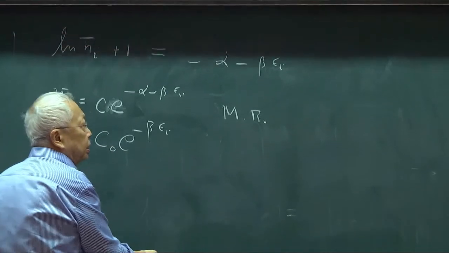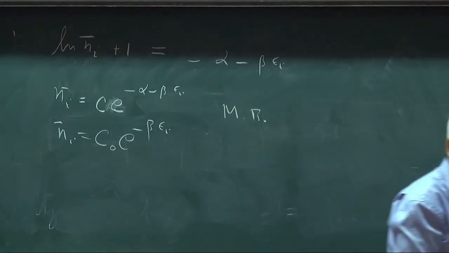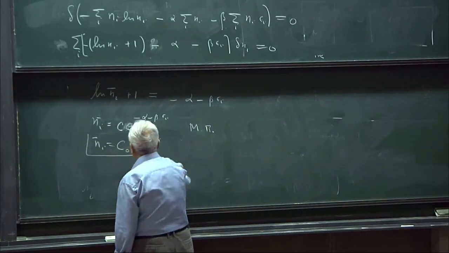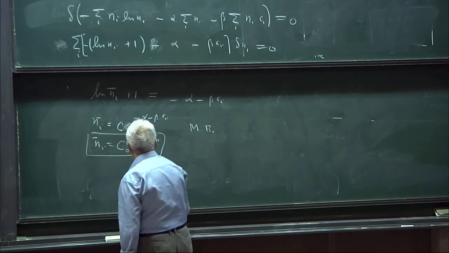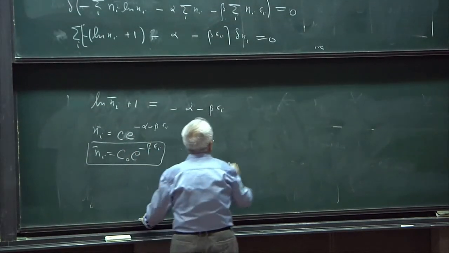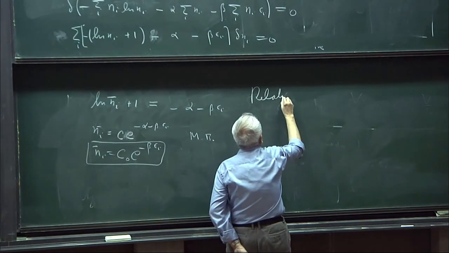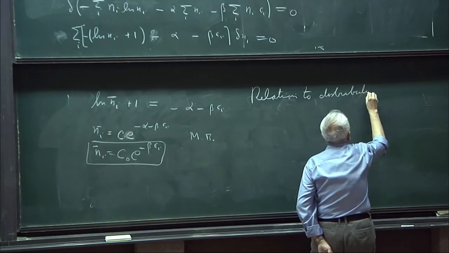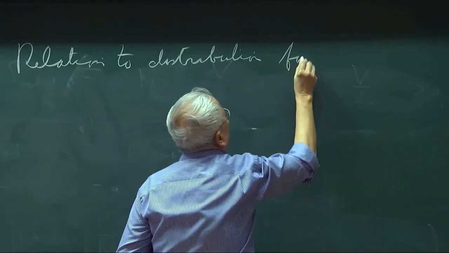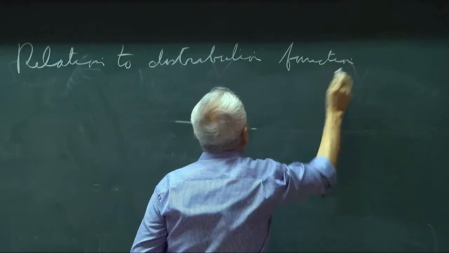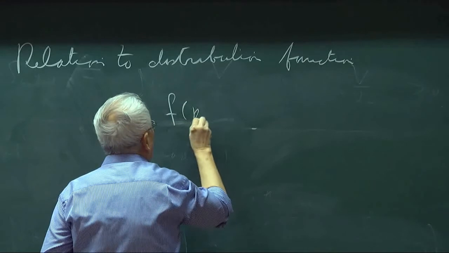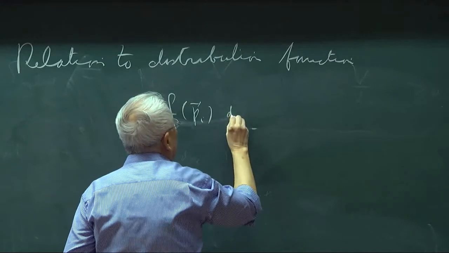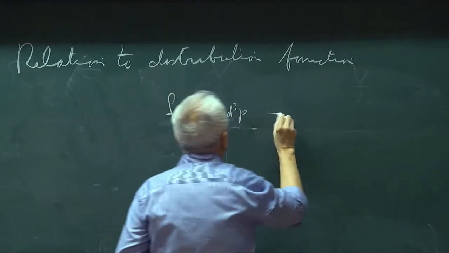Now, how do I relate this to the distribution function which we were using in deriving the Boltzmann transport equation? These are the occupation numbers on the I cell, so the relation to the distribution function is: the distribution function at p_i in the I cell times d3p, this is a volume element, is equal to Ni.